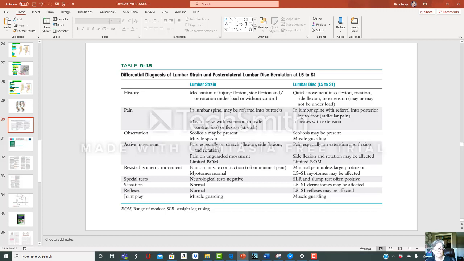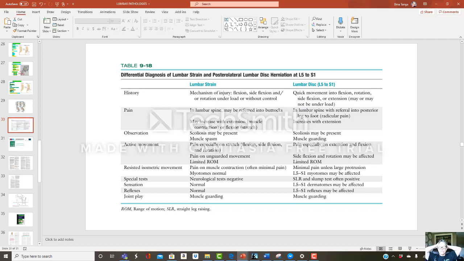Observation. Scoliosis may be present, muscle spasm. Lumbar disc: scoliosis may be present, muscle guarding. Active movement. Pain, especially on stretch, flexion, side flexion, and rotation. Pain on unguarded movement and limited range of motion. Lumbar disc: pain, especially on extension and flexion.